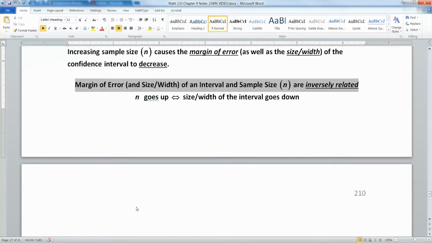And I just wrote down what inversely related means in case you'd forgotten: if your n goes up, your size and your width goes down, and vice versa. If n goes down, the size of the interval will go up. Size, width, your error, because they're all tied to each other, because the error is just half the width anyway.